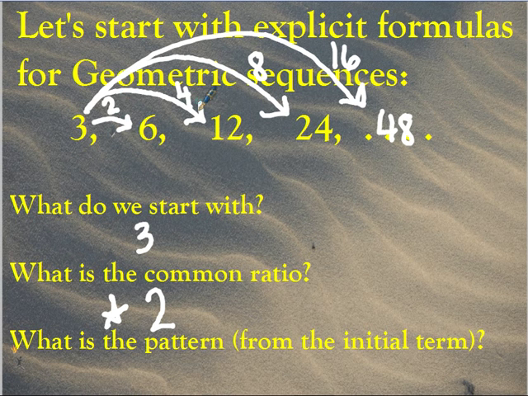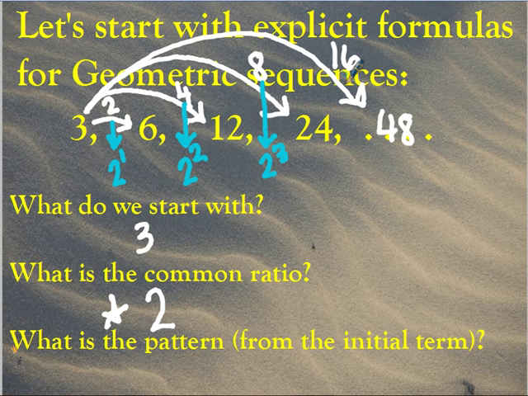So let's take a look at these numbers, the 2, the 4, the 8, and the 16. I'm going to say that this 2 is the same as 2 to the first power. 4 is the same as 2 to the second power. And 8 is 2 to the third power.